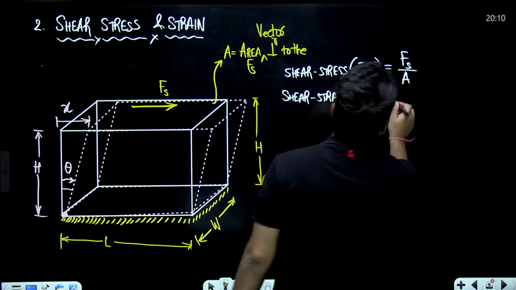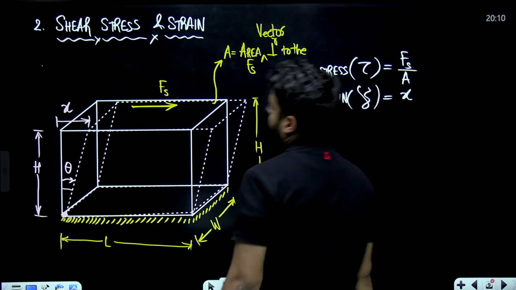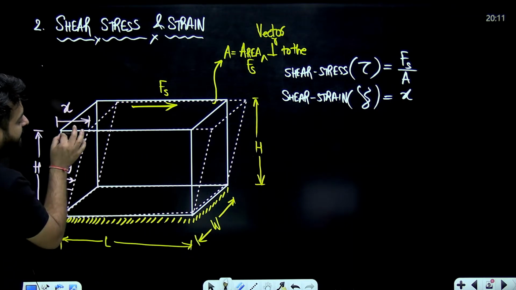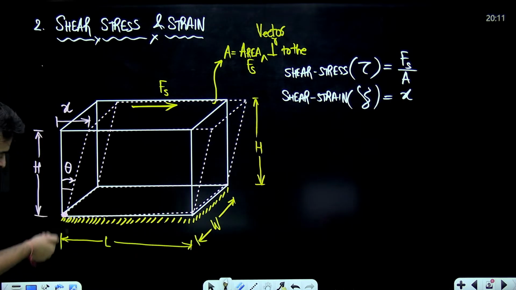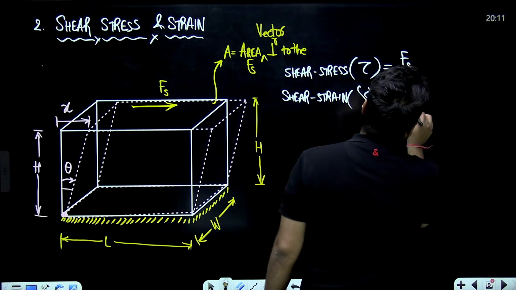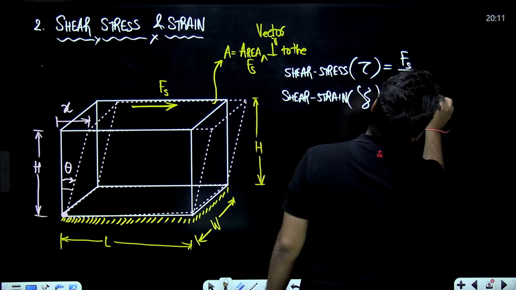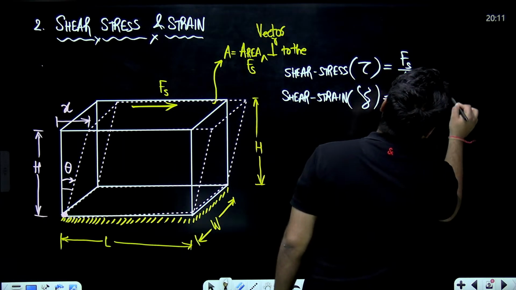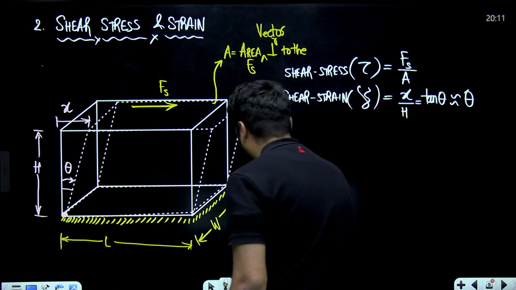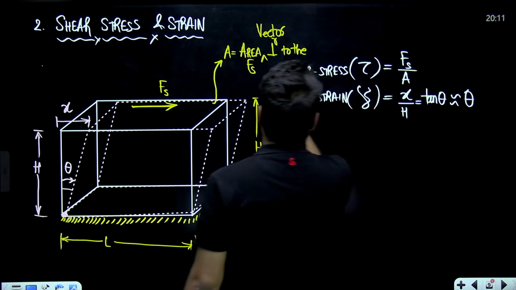It is the deformation, like previously, the extreme deformation on the layer where the force is applied with respect to the length from the fixed point, meaning x by h, or in very simple words, it is equal to tan theta, and theta is so small that you can put it as theta. See, please try to understand.